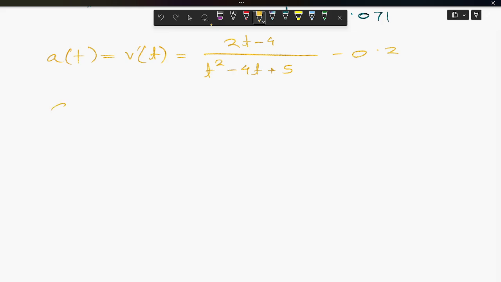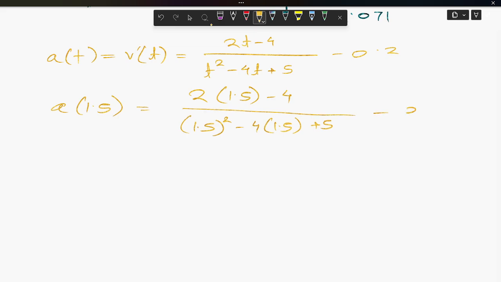So now we are going to compute a of 1 and a half. That is equal to (2 into 1 and a half minus 4) by (1 and a half whole square minus 4 into 1 and a half plus 5) minus 0.2. Very good. So 2 into 1 and a half will be 3, minus 4, and the denominator is 2.25 minus 6 plus 5, which is 1.25.